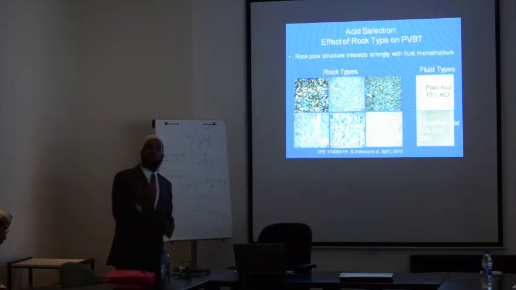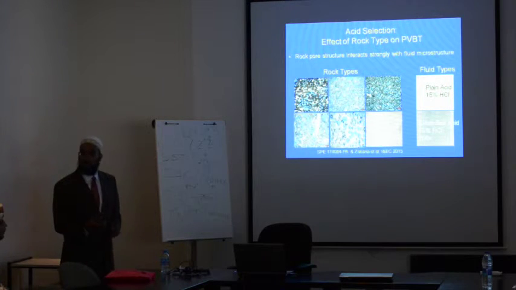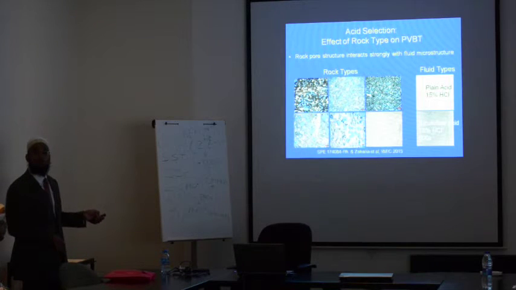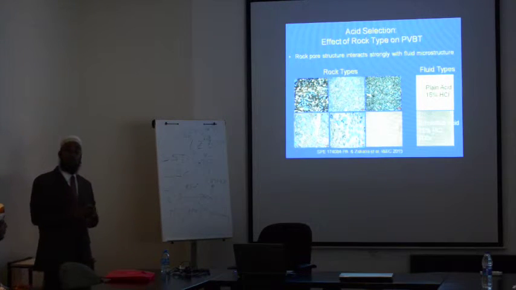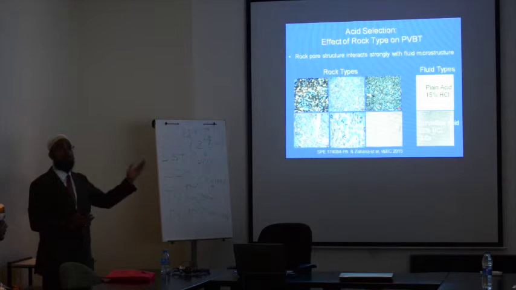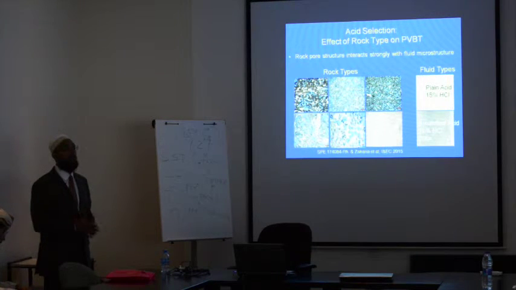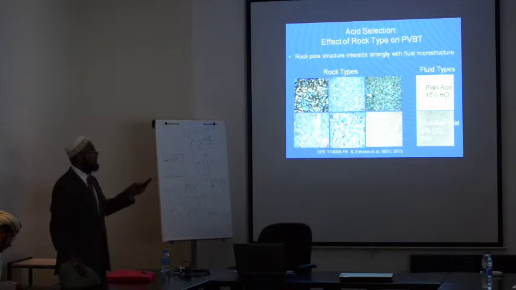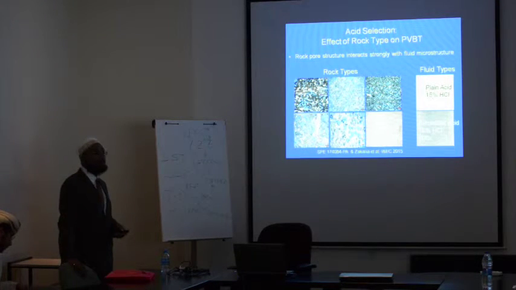And that's about the same order of magnitude as some of these pore structures over here. So when you start injecting a fluid which has a microstructure into a rock which could have different kinds of porosities, how the acid is going to behave and which one is going to be more efficient depends on your rock type and also on the fluid type you select.